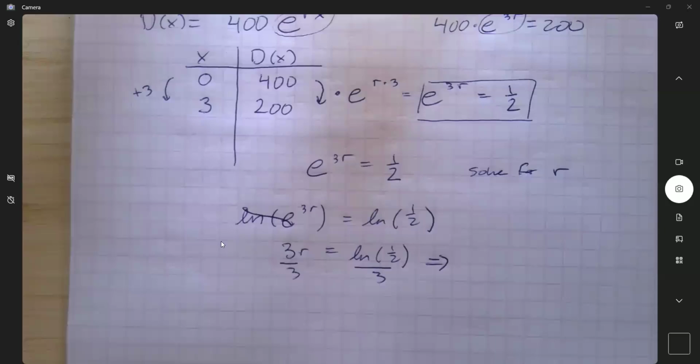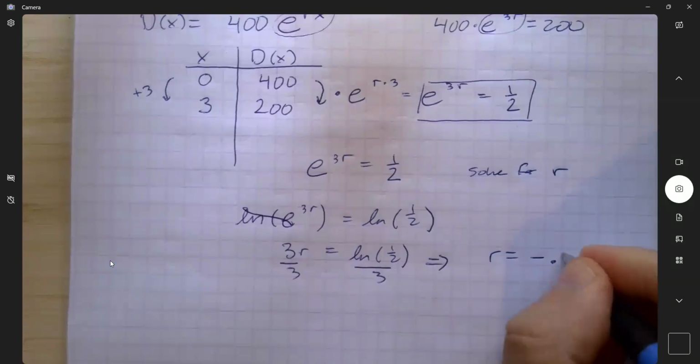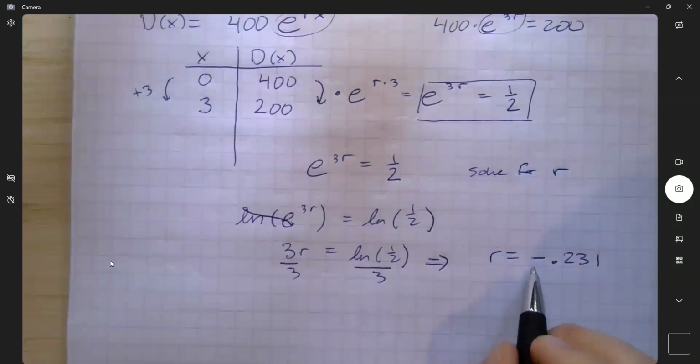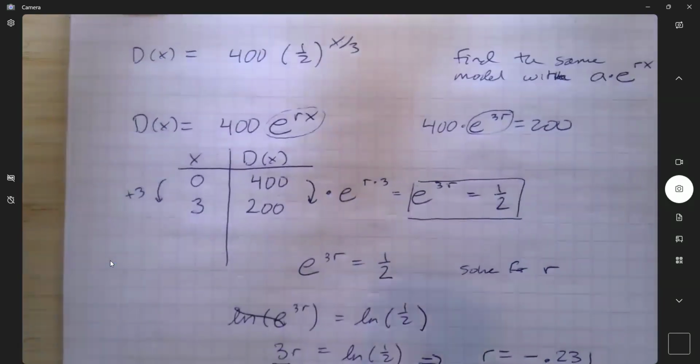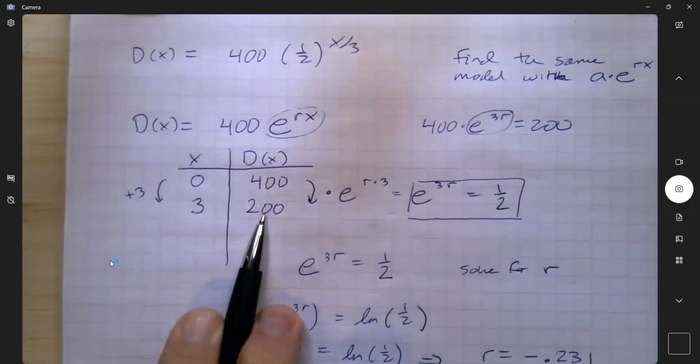It's negative 0.231. R equals negative 0.231. R is negative because my change itself is going down. So that makes sense.